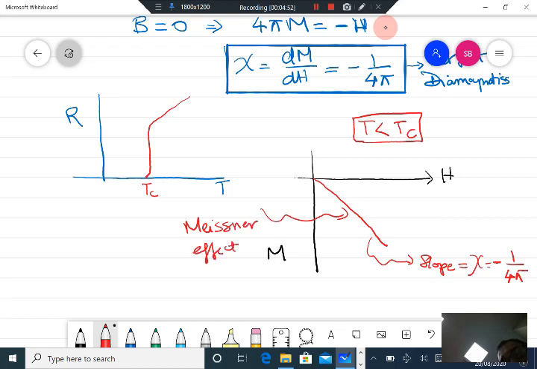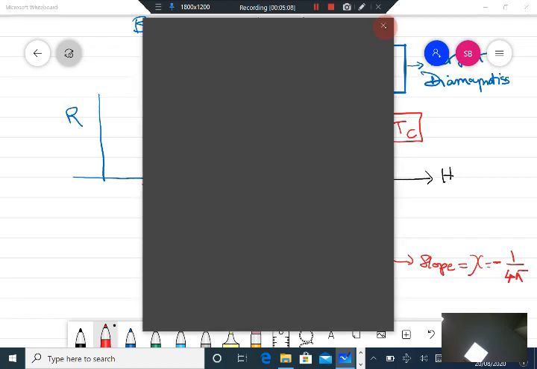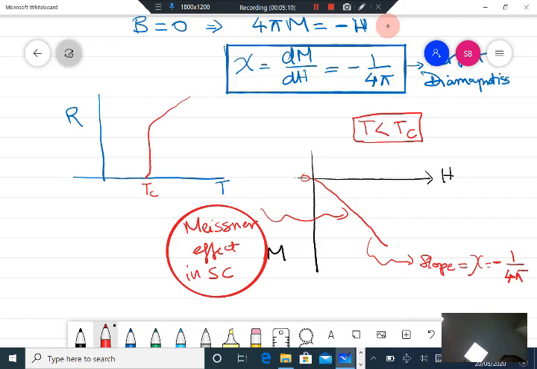And this is a signature of the Meissner effect in superconductors. Namely, the magnetization is negative. If you apply the magnetic field, this is your zero of magnetization, it shows a negative magnetization because the currents set up in the material are such that they give rise to a negative magnetization in the sample, and the susceptibility, or the slope of this M versus H, is minus 1.